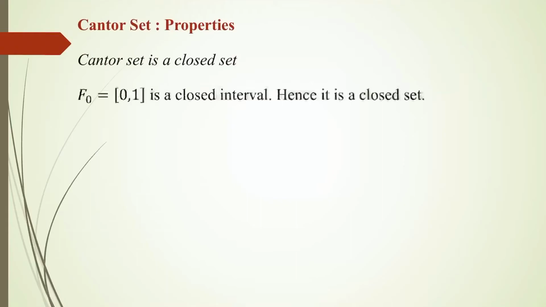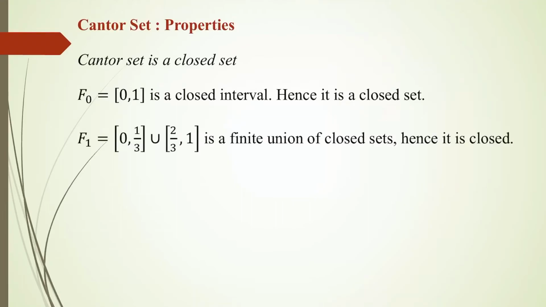F0 is equal to closed interval [0, 1], and it is a closed interval, therefore it is a closed set in R. Now F1 is closed interval [0, 1/3] union closed interval [2/3, 1]. Both of these closed intervals are closed sets, and this is a finite union of closed sets. Therefore it is closed, because we have studied properties of closed sets.